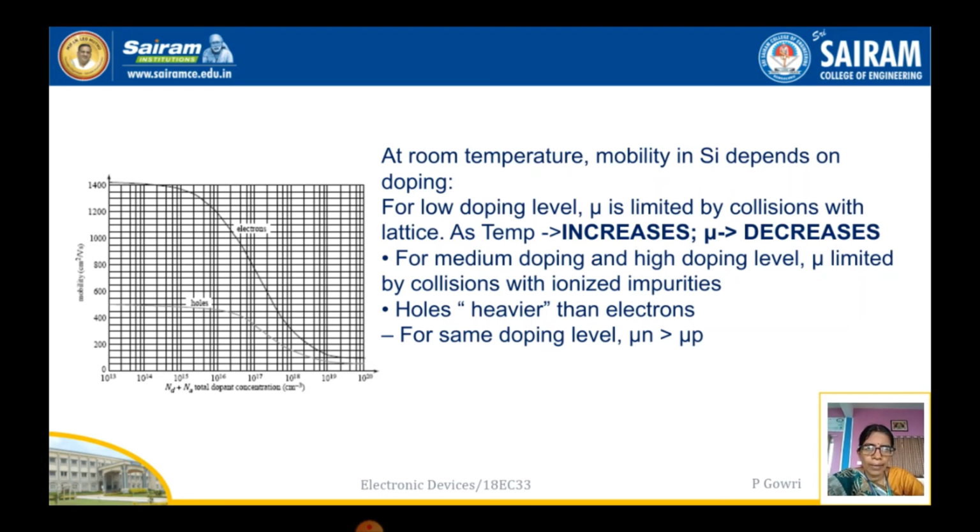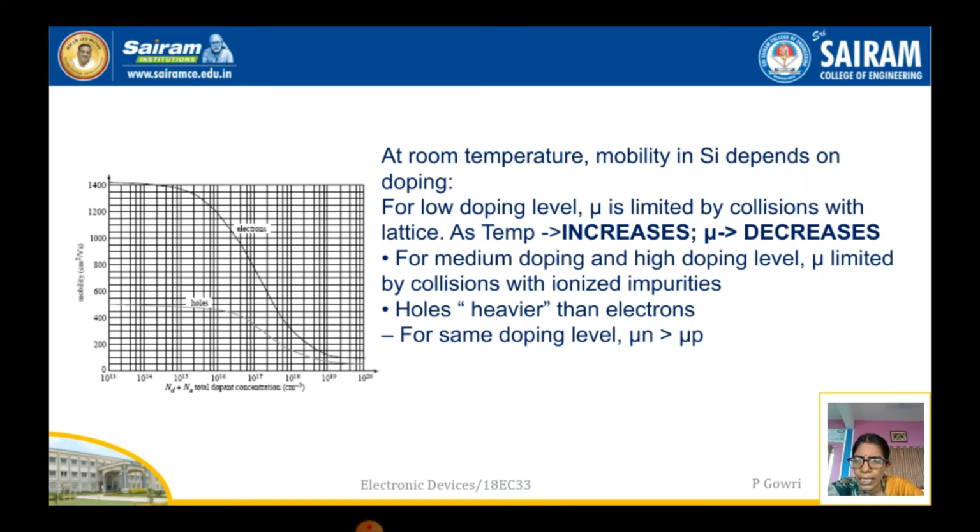That means when the concentration of the impurities is very low, that is, at lower dopant concentration, the mobility will be decided by the lattice scattering. So as temperature increases, the mobility will be decreasing.